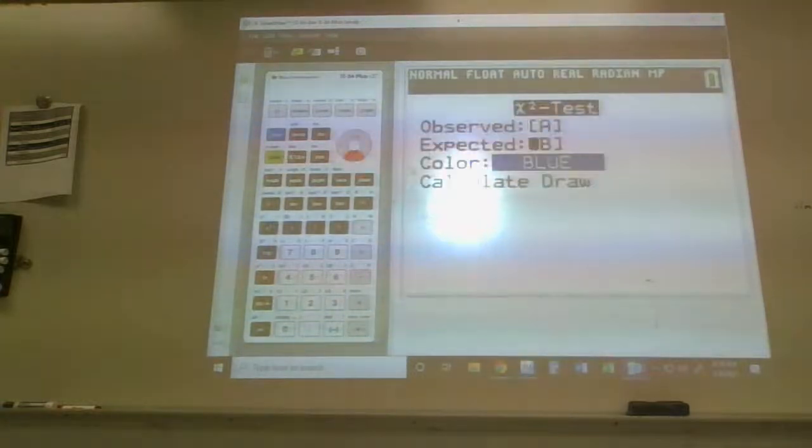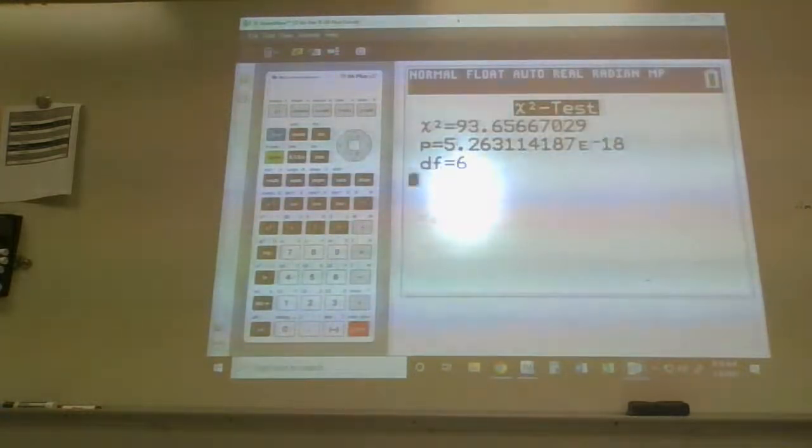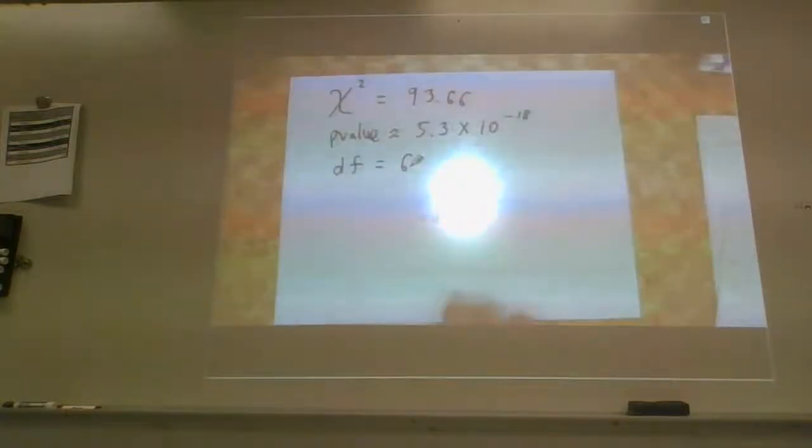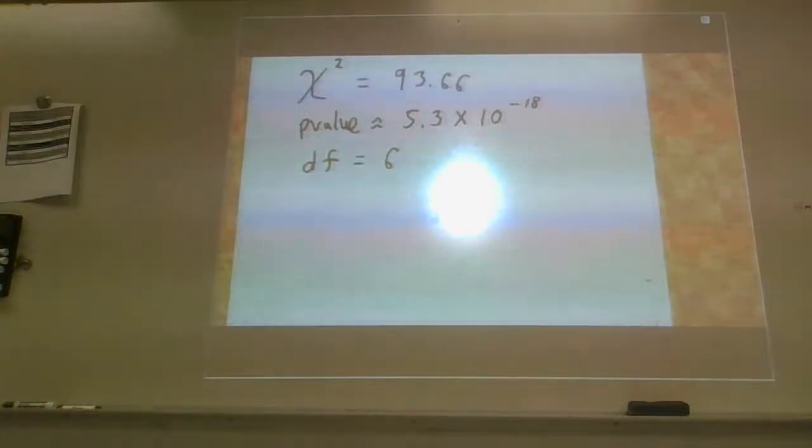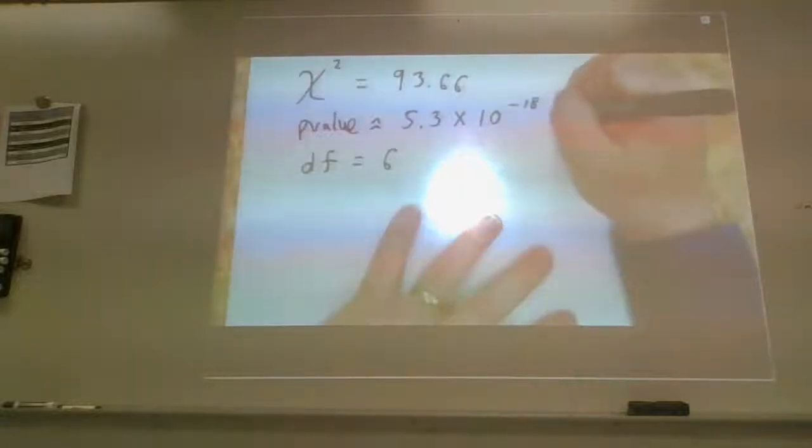There we go. 93.66 with a p-value of approximately, holy crap, 5.3 times 10 to the negative 18. With degrees of freedom at 6. That's what I wrote down. This p-value is essentially 0.